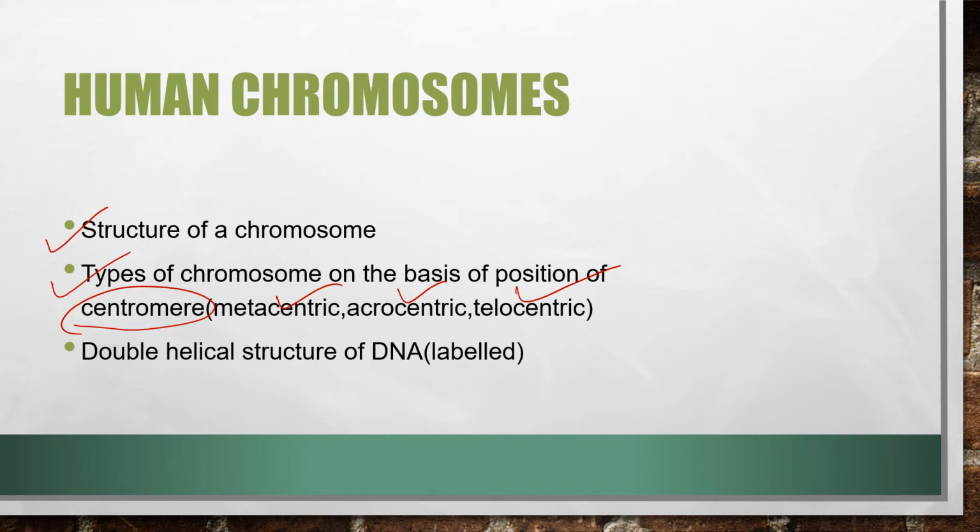I am putting the link above, so just revise it once again so that you can understand the diagram of types of chromosome on the basis of position of centromere. Now next comes the double helical structure of DNA, and please learn the labeled diagram of the double helical structure of DNA.